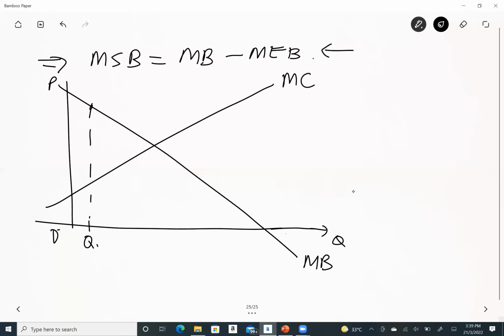MSB is equal to the marginal benefit minus MEB. So that is our MEB, minus, and you get the MSB here. So this is our equilibrium, our social equilibrium.